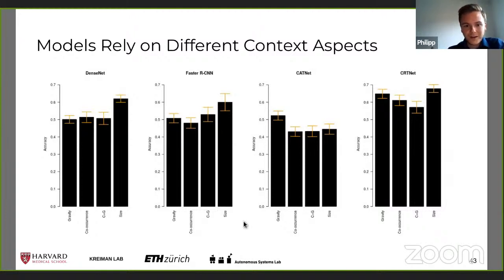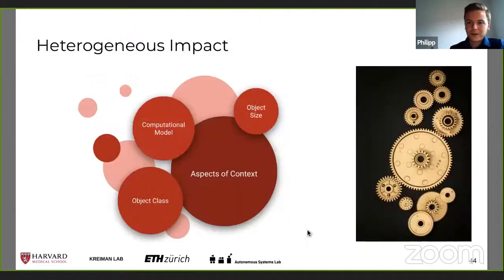And actually, if we look at those behavioral patterns, so to say, here we have the accuracies for different models across the different context experiments, and we can see that they are quite different. This is also a point that runs through some more of our analysis, which I will not go into here.